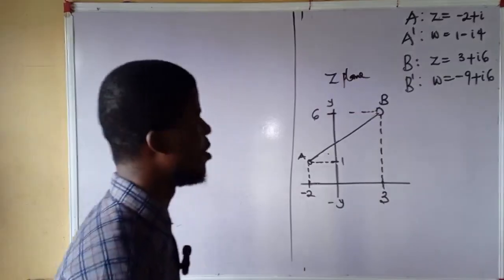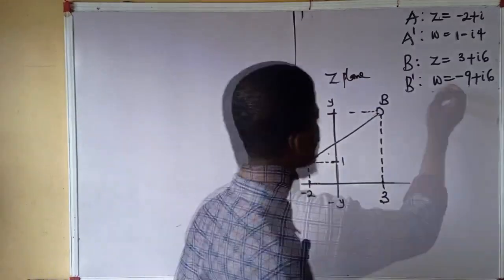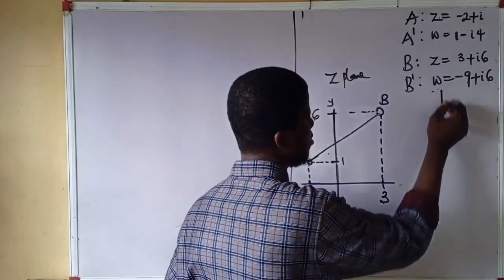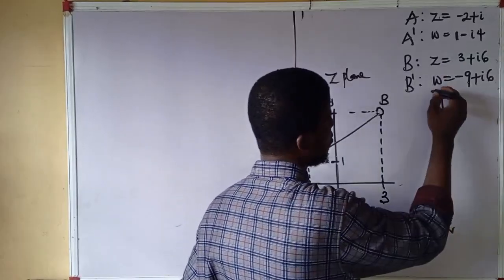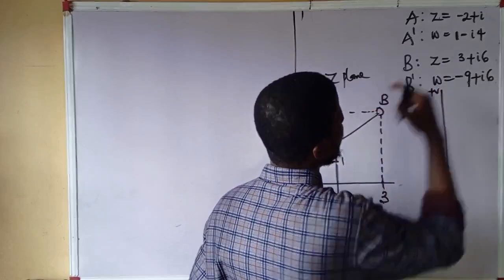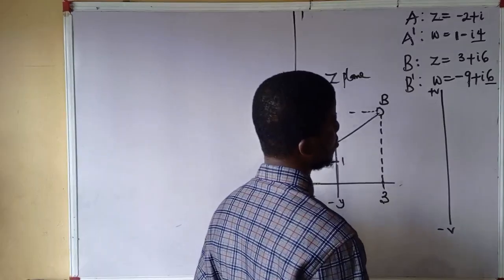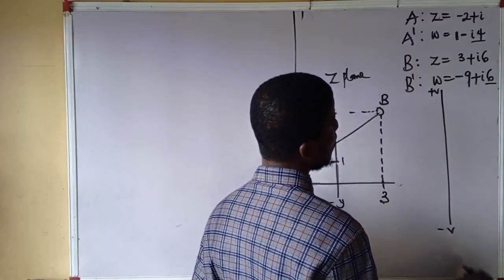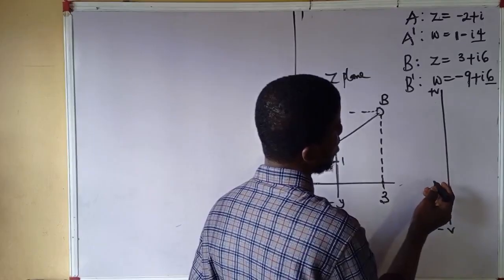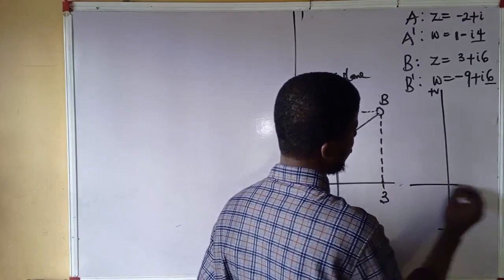We are going to the W plane now. All right, we have the V axis, negative V and positive V. Okay, minus 4 and plus 6. So I'm going to give a longer distance, let's say from here to here.